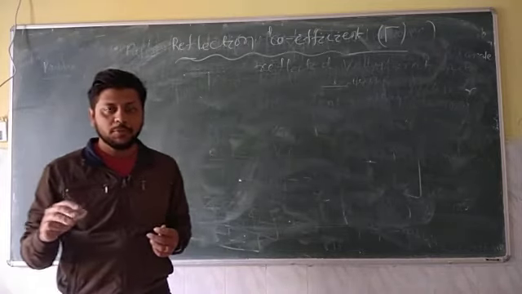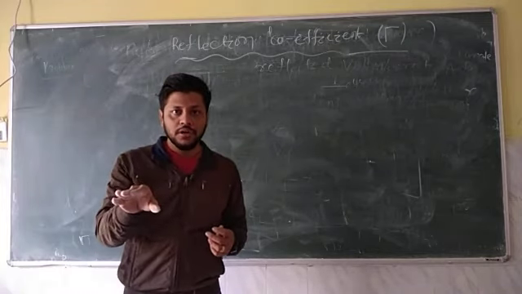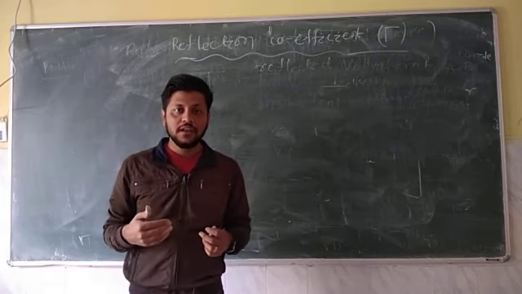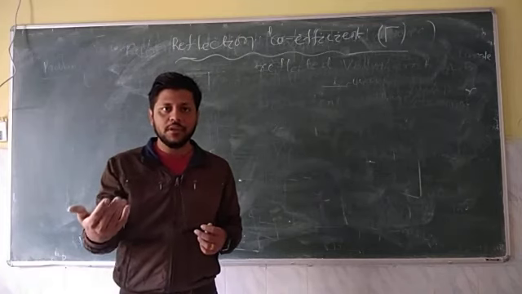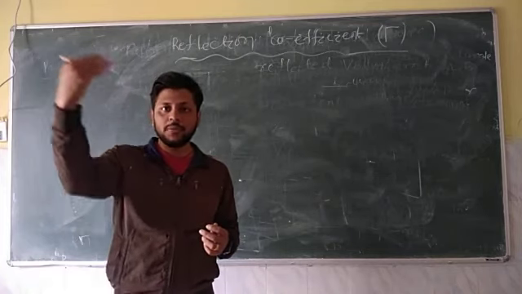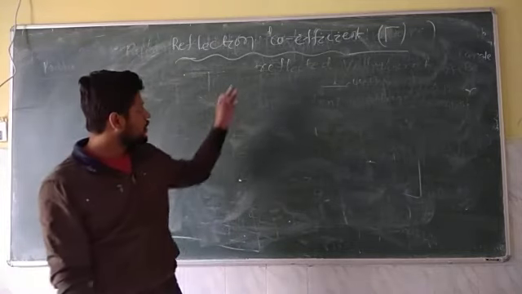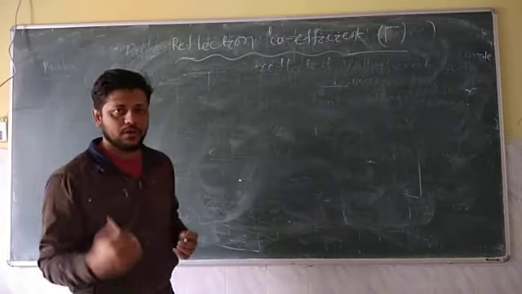Suppose I am sending 100 toward the load, 80 reaches and 20 is reflected back. Then what fraction of the wave is reflected back? That is 20 divided by 80, that means 1 by 4. So reflected wave by incident or forward wave.